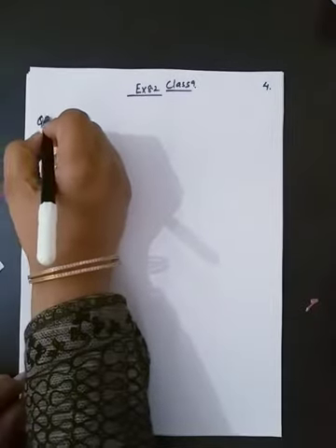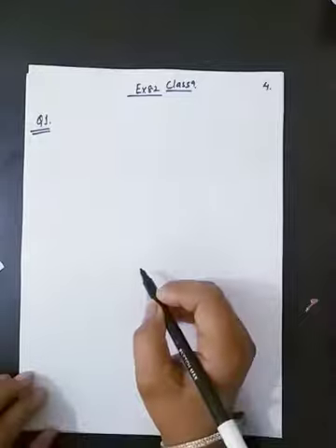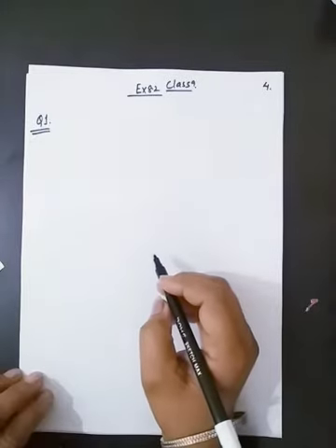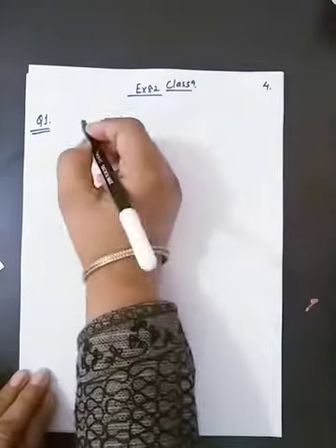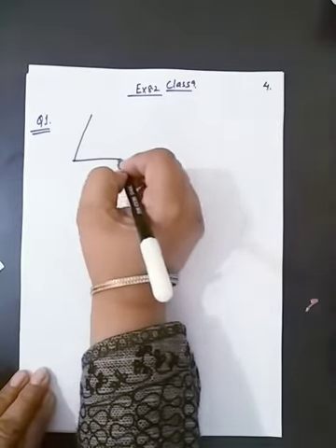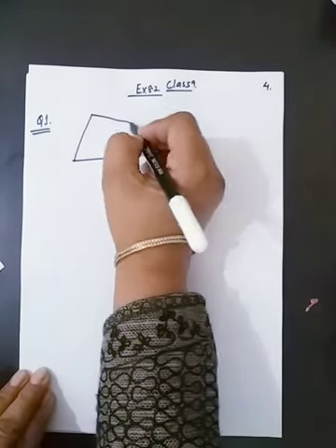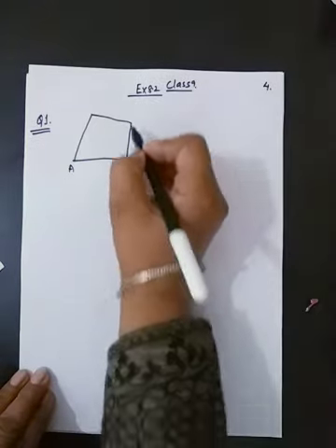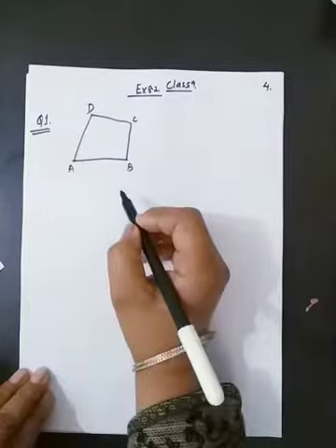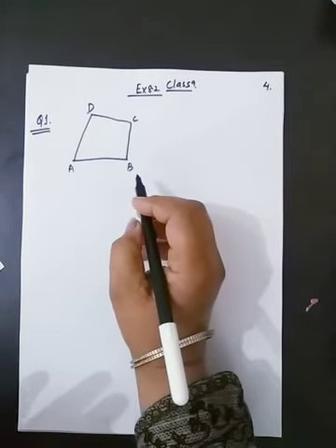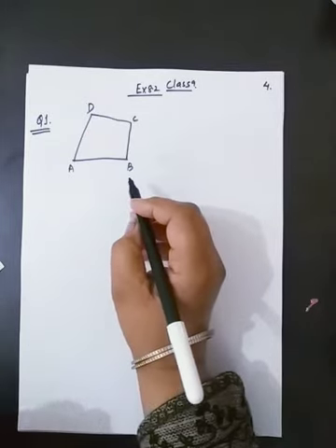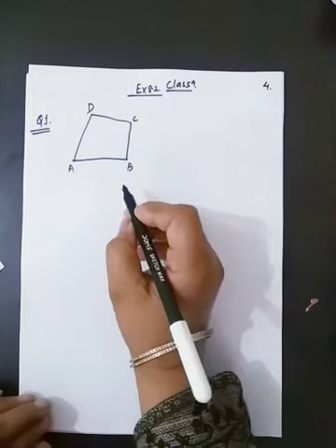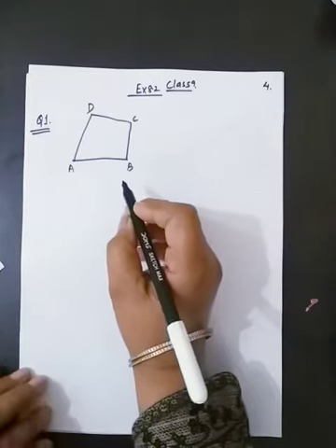Here, we are going to start our exercise 8.2, question number 1. The figure is given to you. ABCD is a quadrilateral. Here it is given that ABCD is a quadrilateral in which P, Q, R and S are midpoints of sides AB, BC, CD and DA.